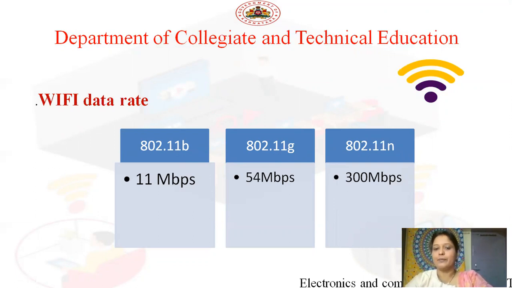Therefore, depending on the data speed, the notations are given: b stands for 11 Mbps, g stands for 54 Mbps, and n stands for 300 Mbps, and the technology being used is 802.11.